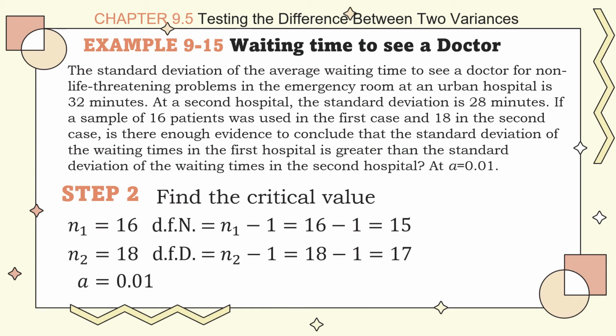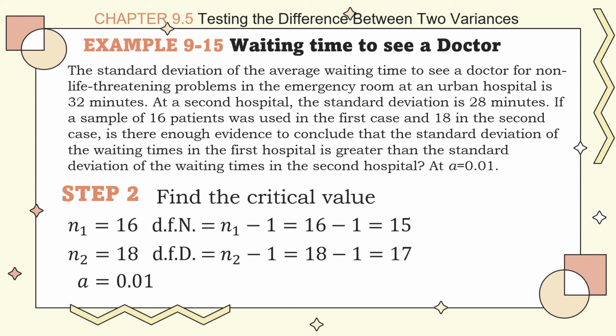Next, step 2, find the critical value. From our problem, we have the values n sub 1 and n sub 2, our samples. From the first hospital, we have n sub 1, which is 16, and from the second hospital, we have n sub 2, which is 18. The degrees of freedom numerator, n sub 1 minus 1, is 16 minus 1, which is 15.